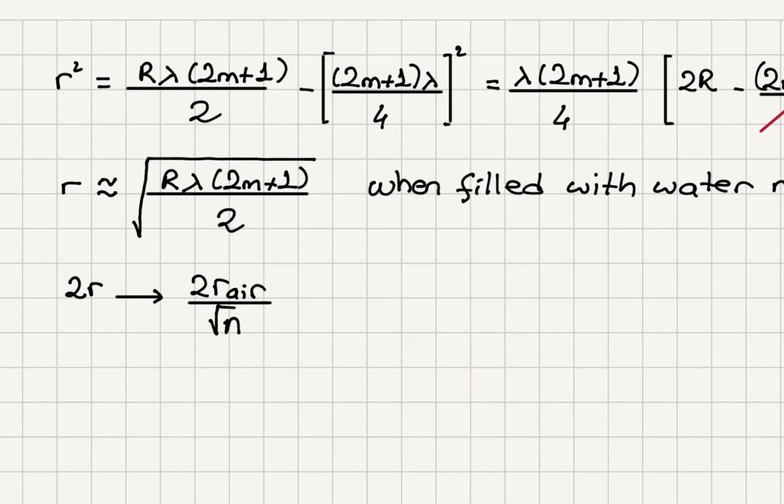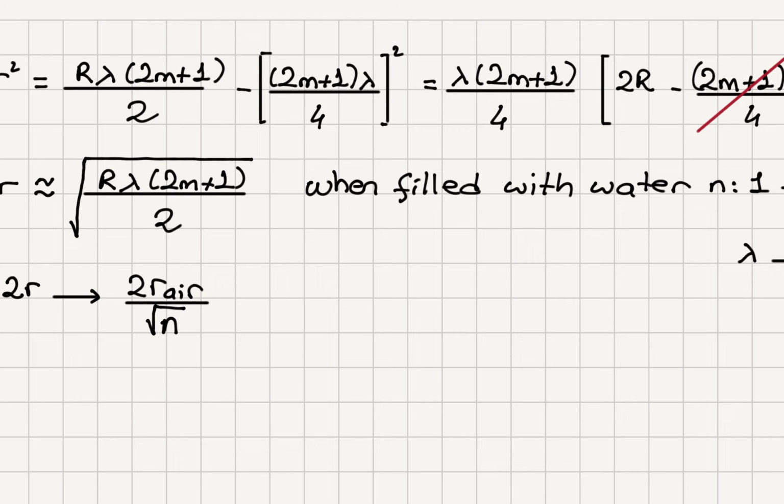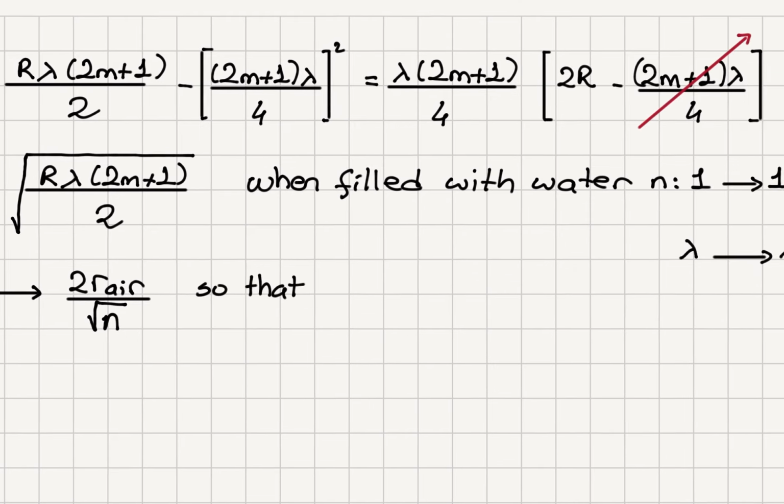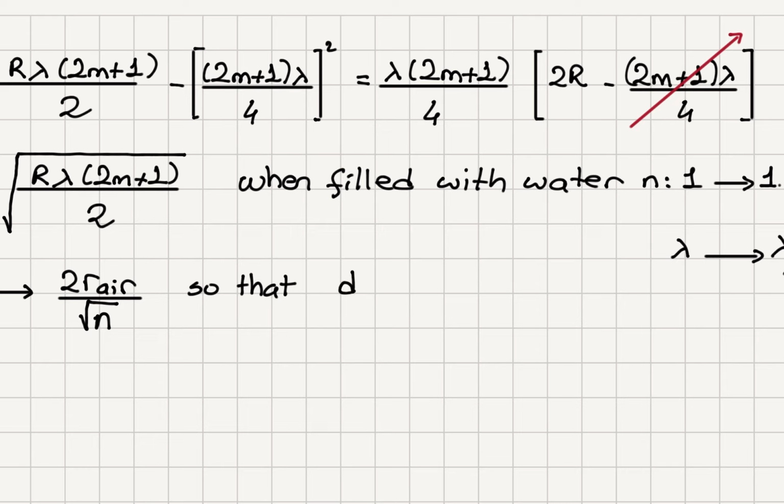So I'm going to have 2r air divided by square root of n, so that I will have the diameter that I measure in water equal to the diameter that I measure in air divided by square root of the index of refraction of the water.